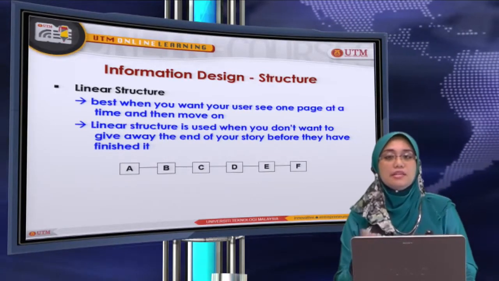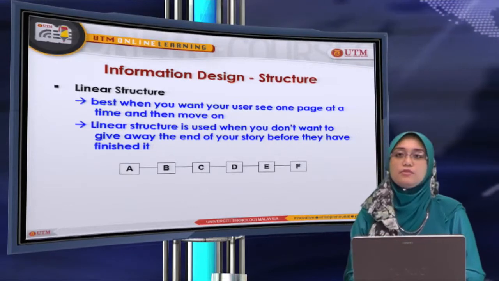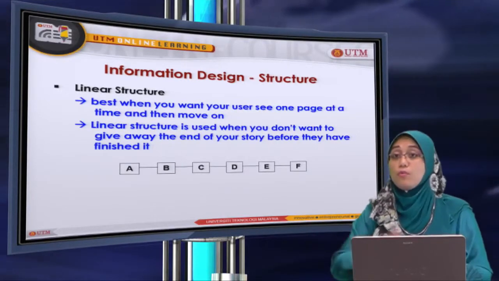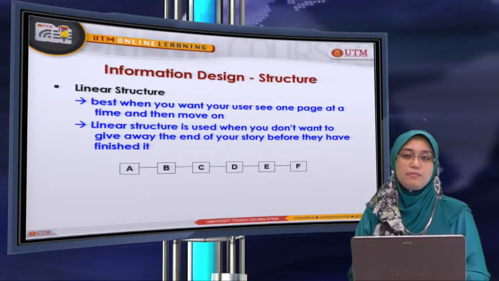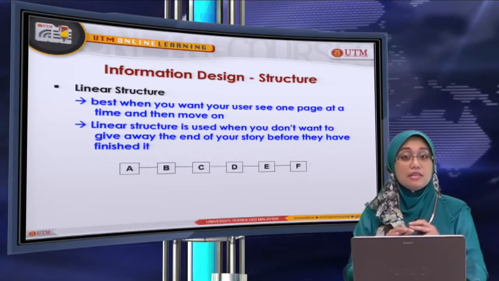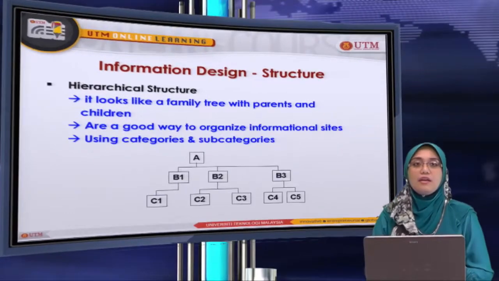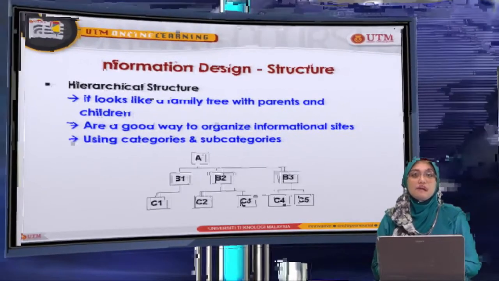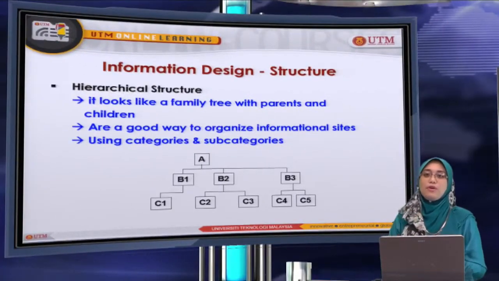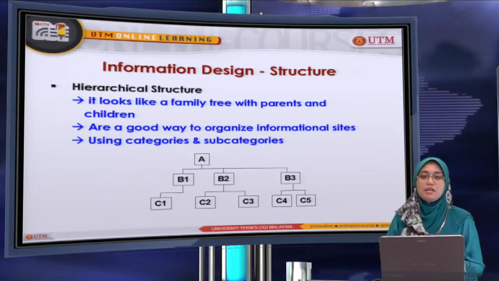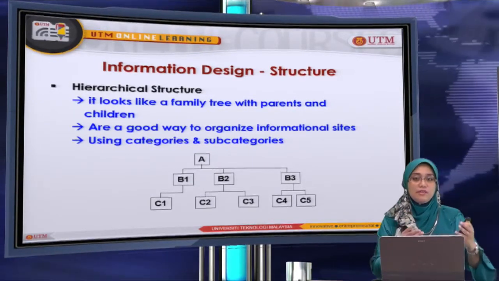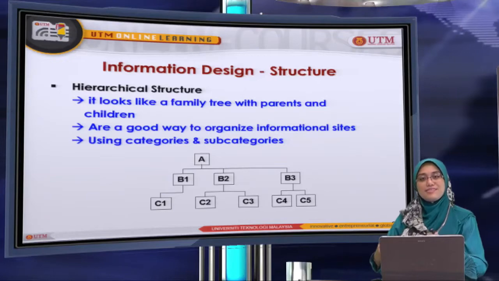Then, linear structure. It is used when you don't want to give away the end of your story before they have finished. It's linear from A to F. Hierarchical structures are a good way to organize informational sites, using categories and subcategories.